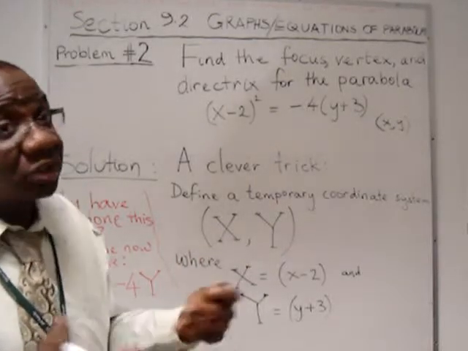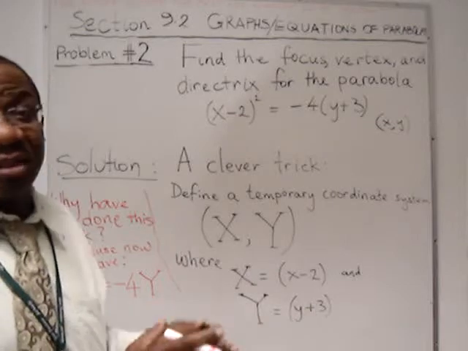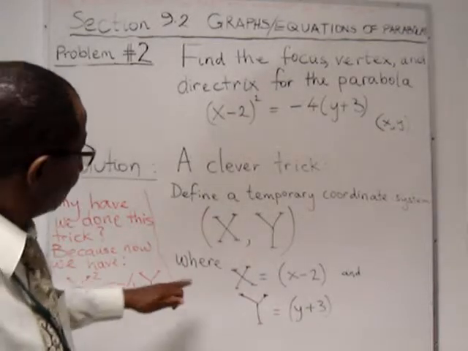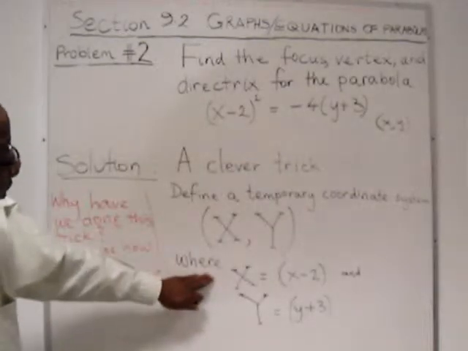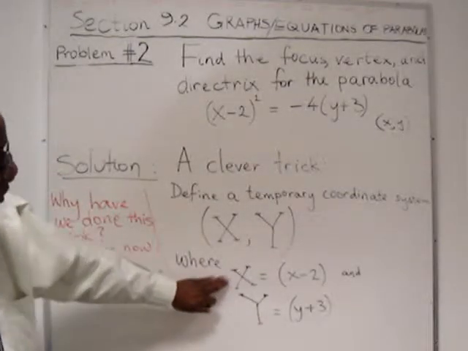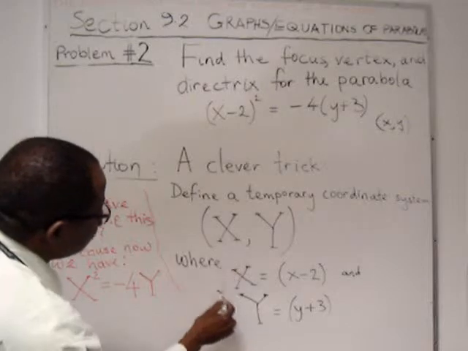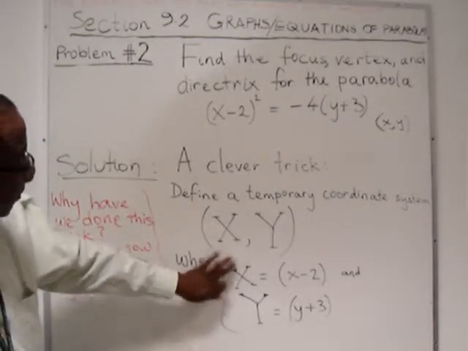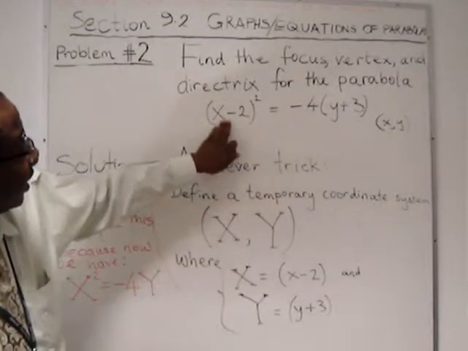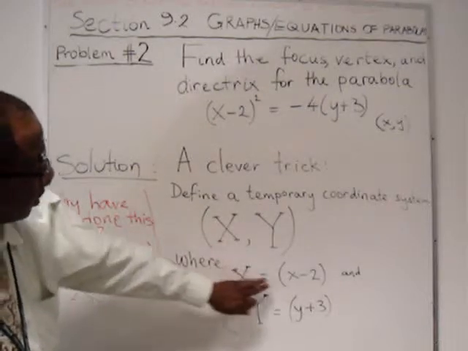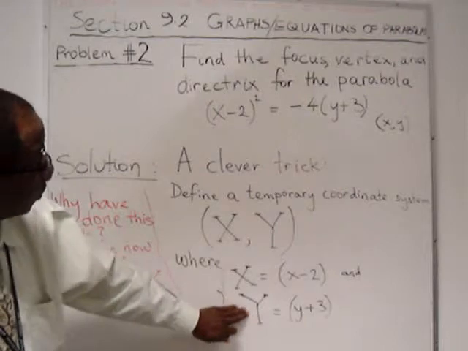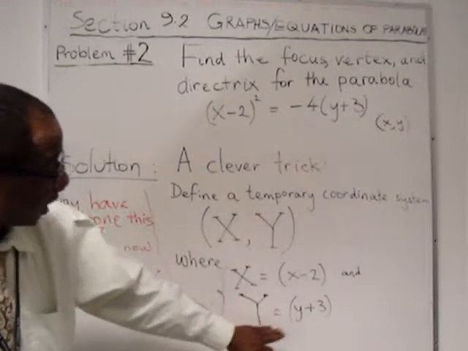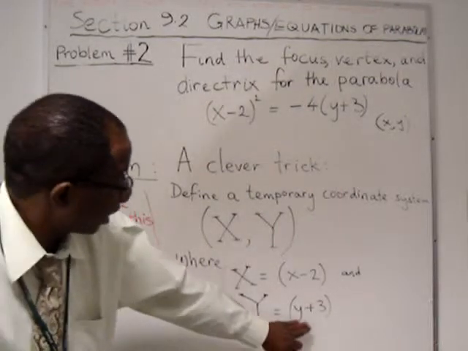But we have to make sure it's related to what we were given. We can't just invent something, right? So we're going to make that relationship like so. We're going to make the capital X equal to little x minus 2, and the capital Y equal to little y plus 3.